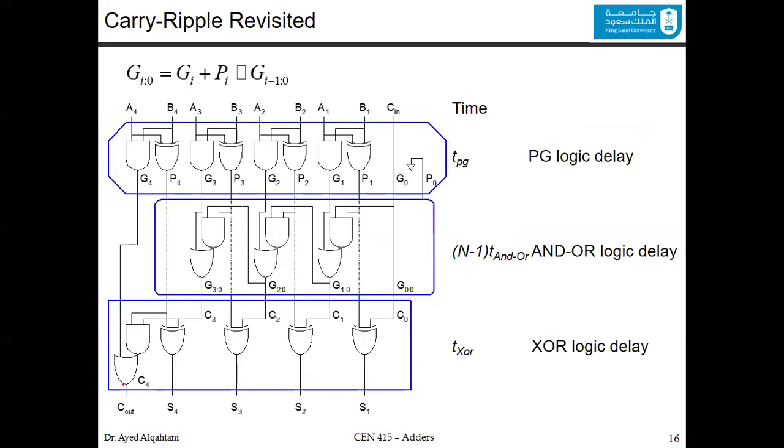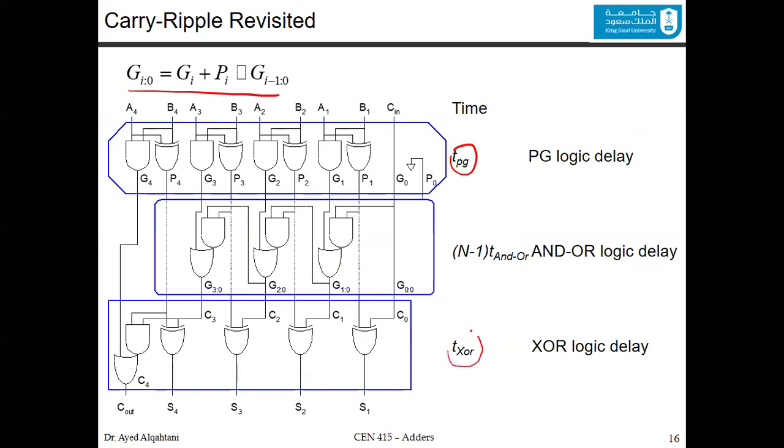And this is exactly what we did here based on the equation. So this is actually what we are doing in the carry ripple addition. Notice that there is a time in this stage called TPG, which is the time for propagation and generation of the bitwise operations.